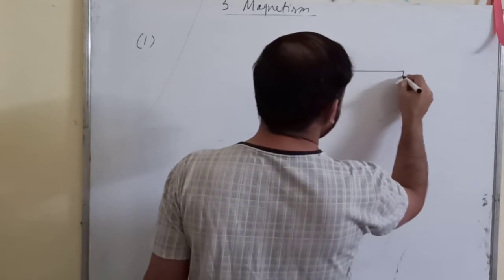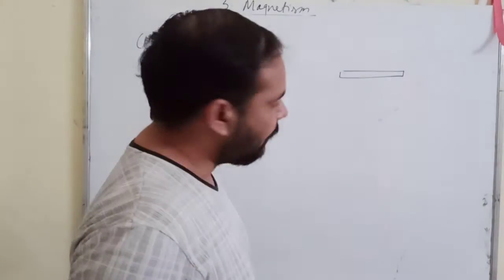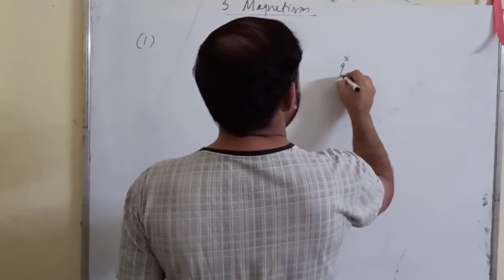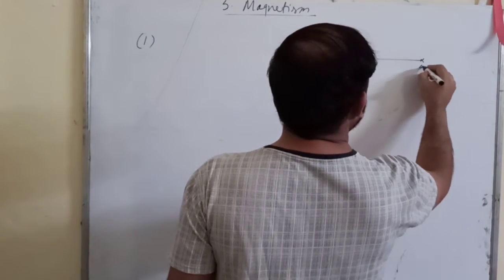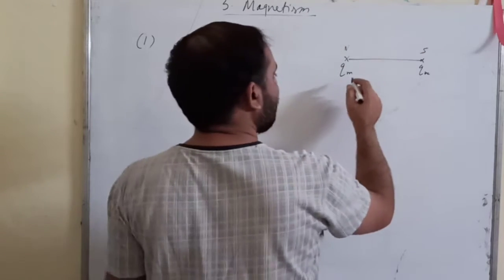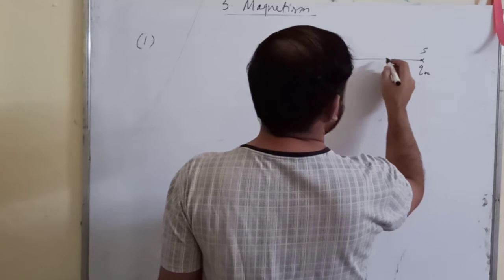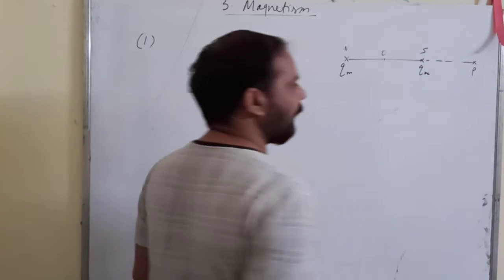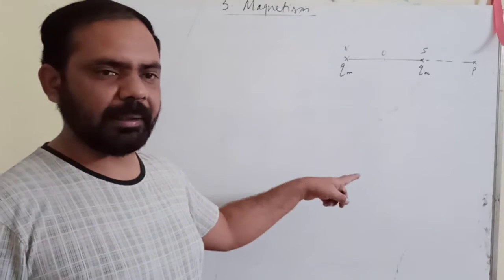Suppose you have a bar magnet, or simply we can denote it this way. You have qm, you have another qm. Suppose this is north pole, this is south pole, and this is the center. Suppose we want to find the magnetic field at a point on the axial line.